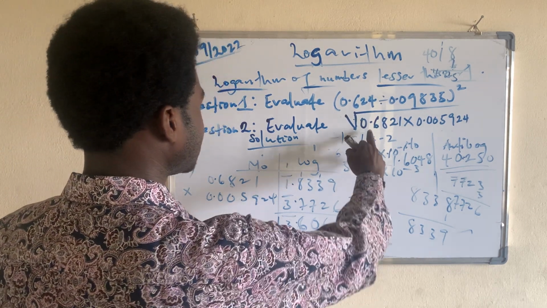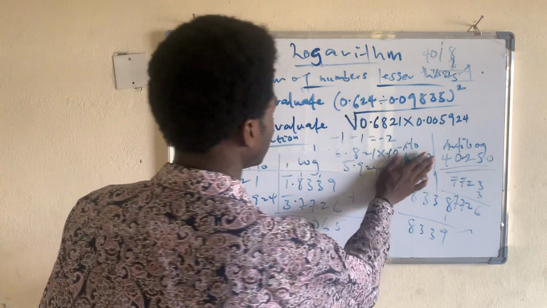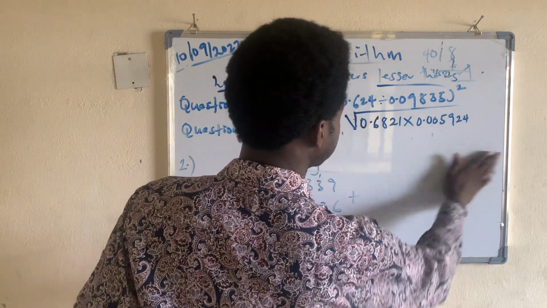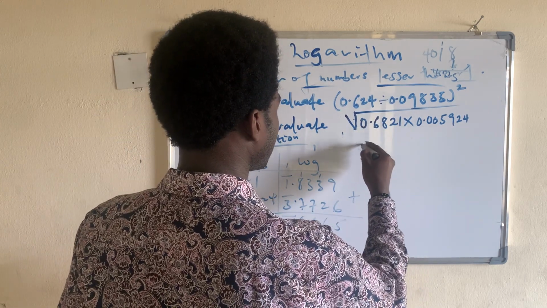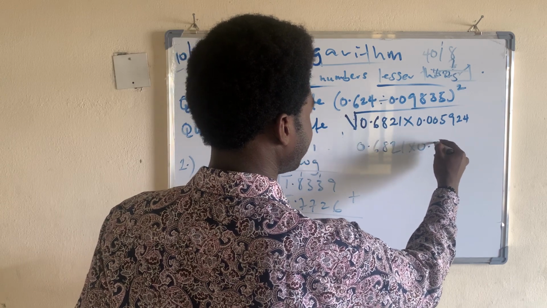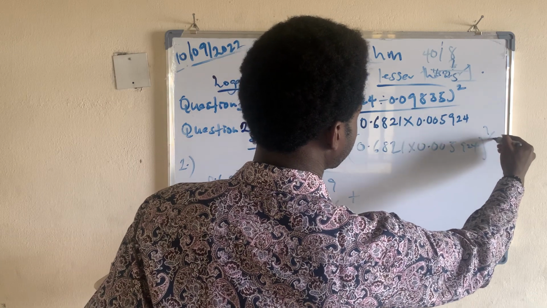And don't forget this value, what we have here, this expression can also be written as 0.6821 by 0.005924 all to the power of 1 over 2.